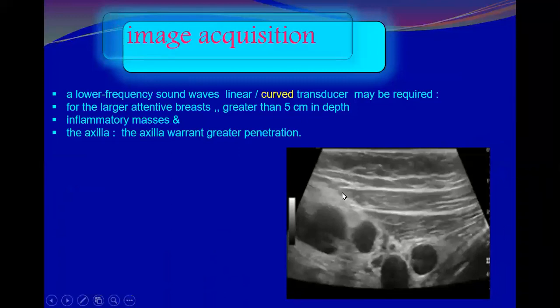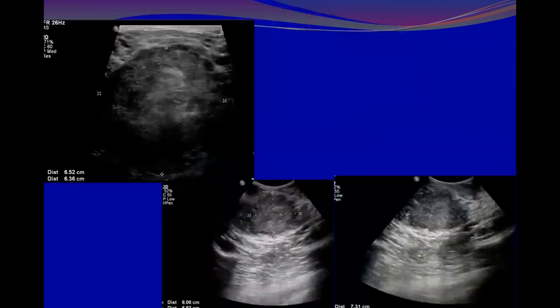As you have seen here, in the axilla, these malignant lymph nodes are so deep, this is my case, difficult to visualize by the linear transducer. I used the curved transducer to visualize deep into the axilla.